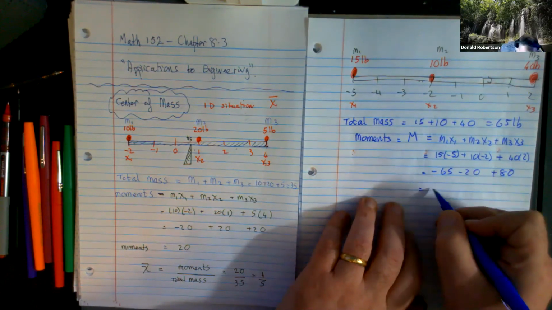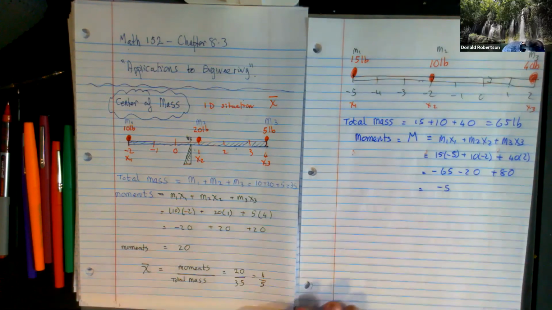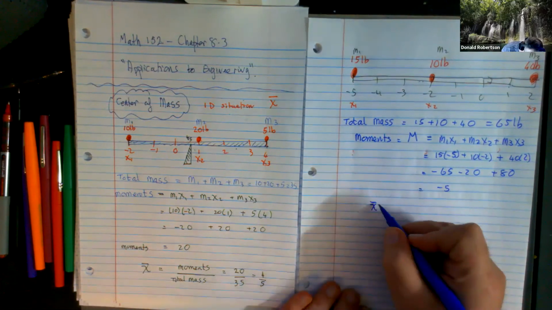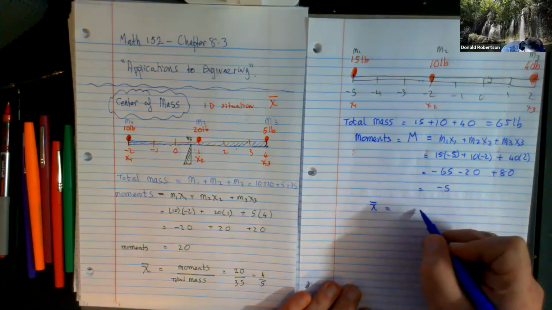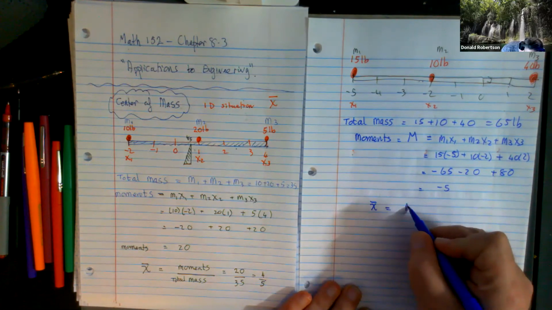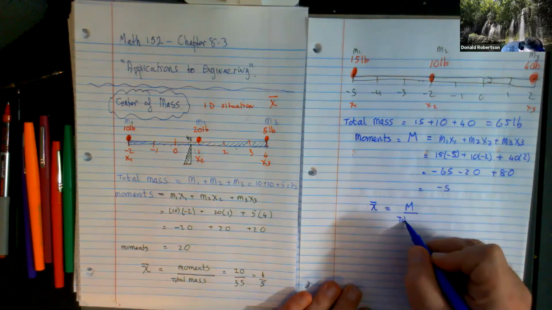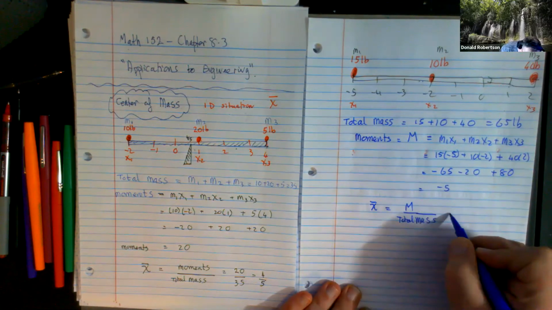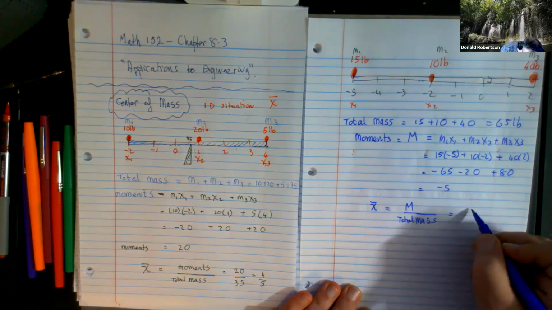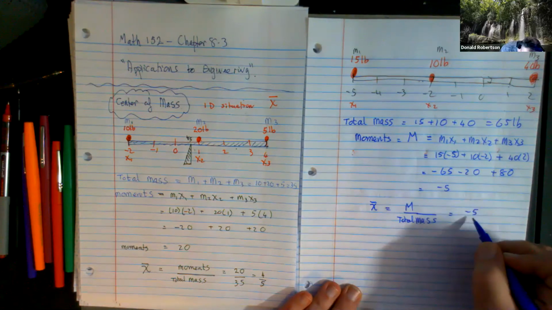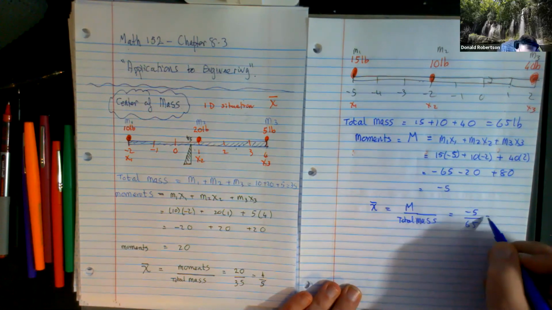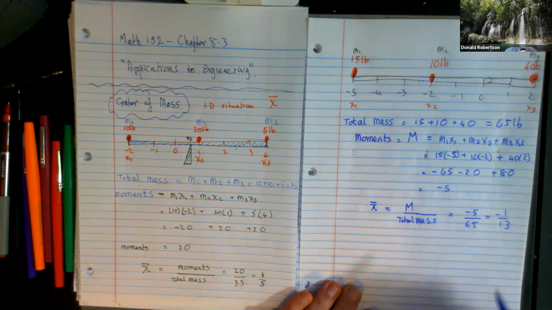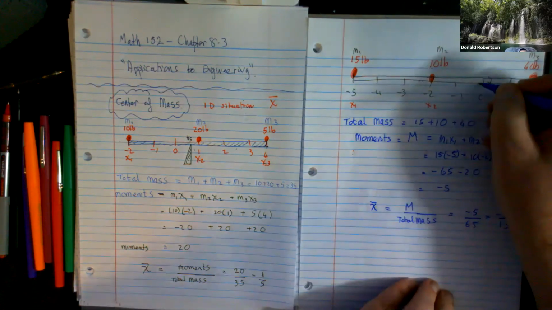So we get that. And the centre of mass, x bar, is the moments over the total mass. And that's -15 over 65, which is about -1/13, which makes it about here, roughly.